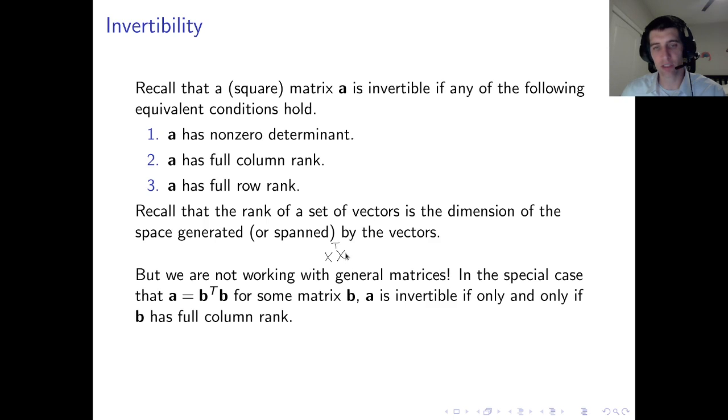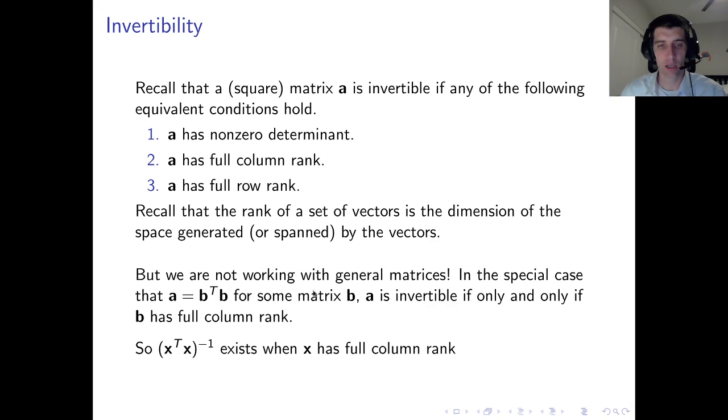So for us, this condition of invertibility is going to be reduced to the design matrix X having full column rank, that is, the dimension of the space spanned by the column vectors is equal to the number of column vectors, i.e., we cannot come up with a linear combination of columns which is equal to 0, except for the ones where all the coefficients are 0.